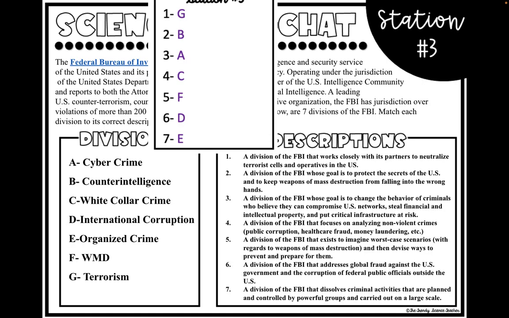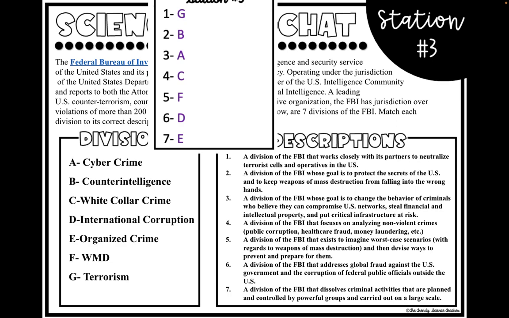Okay, the next one is the divisions of the FBI. We'll start with number 1. Number 1 is G, and that was terrorism. Number 2 should have been B, counterintelligence. Number 3 should have been A, cyber crimes.